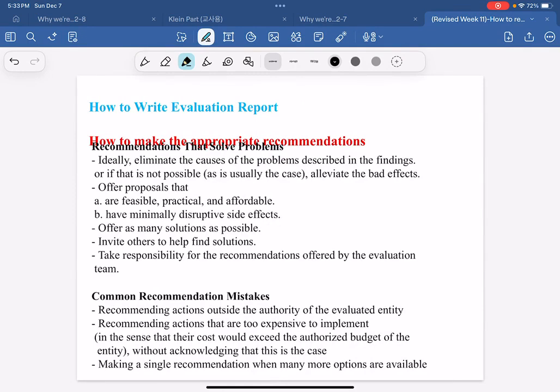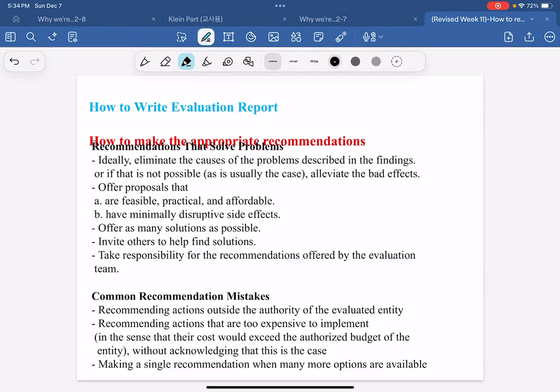And in the evaluation report, the most important part of the evaluation report is the recommendations, because recommendations play an important role in improving policy and in helping public officials make decisions about policy.